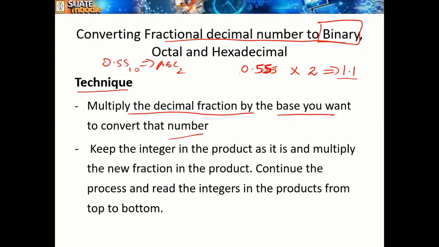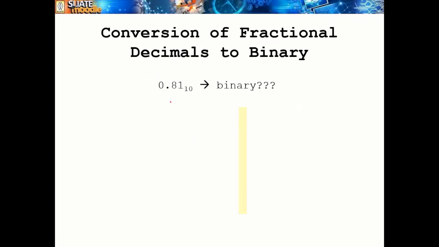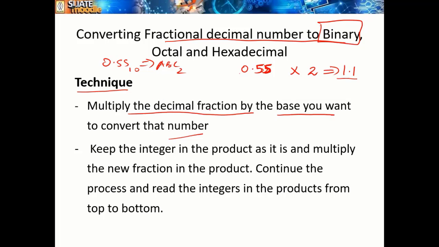First, multiply the decimal fraction by the base you want to convert to. So we multiply this decimal number by our base, 2, and we get 1.1. Now we are told to keep the integer in the product as it is. This is the integer, so don't do anything, keep it as it is. Now take the fractional part.